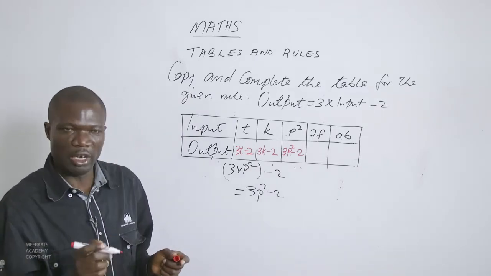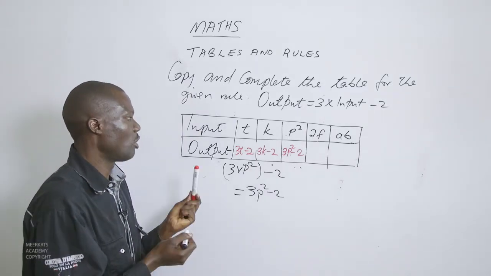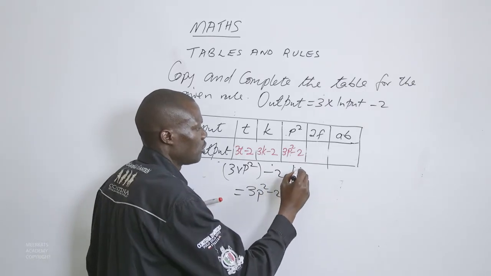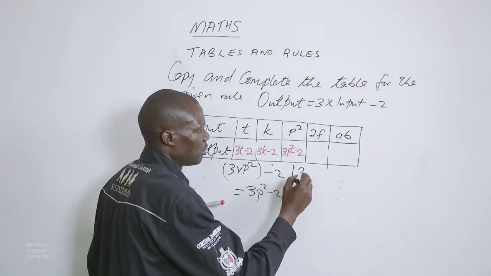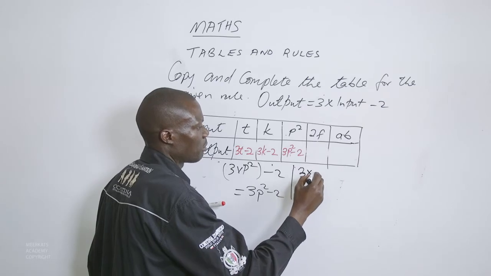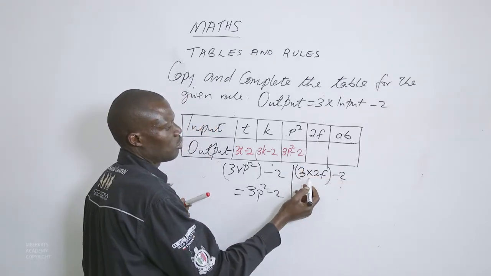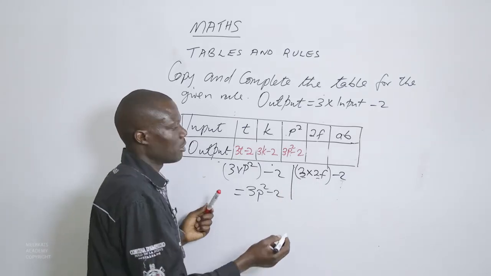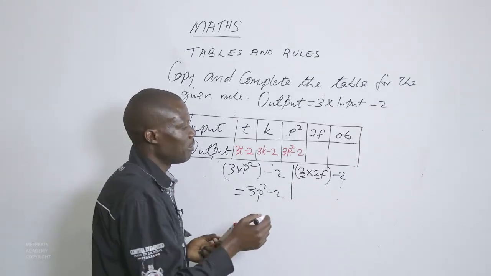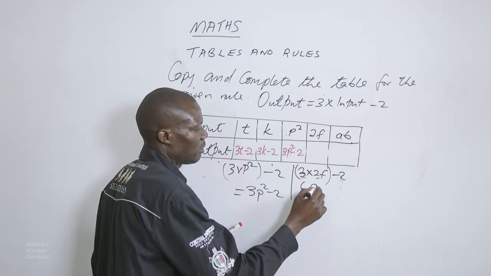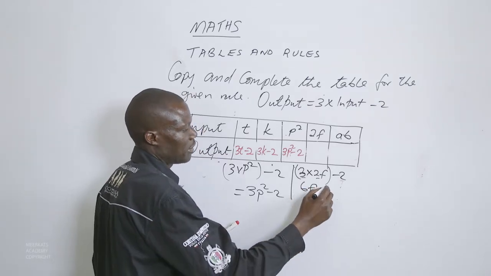We have 2f. For the 2f, we have 3 multiplied by 2f in brackets, minus 2. Now this is a number and a number, so it can be multiplied. 3 times 2 is 6, giving us 6f minus 2.